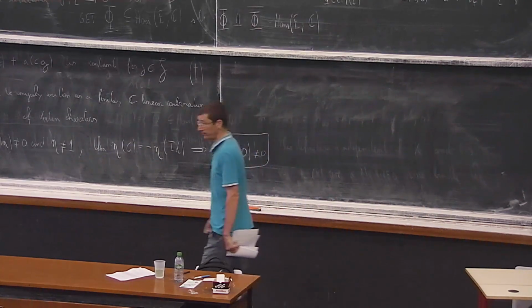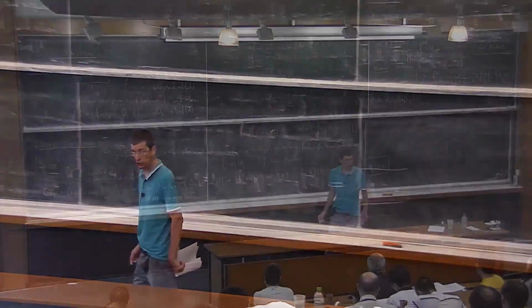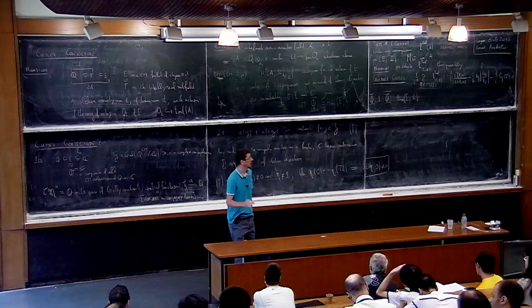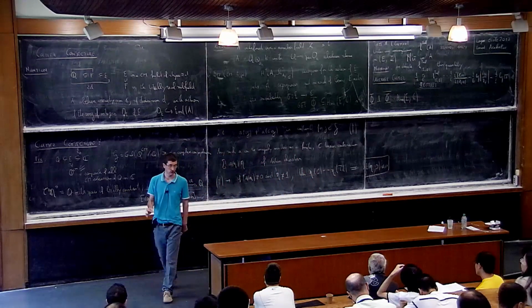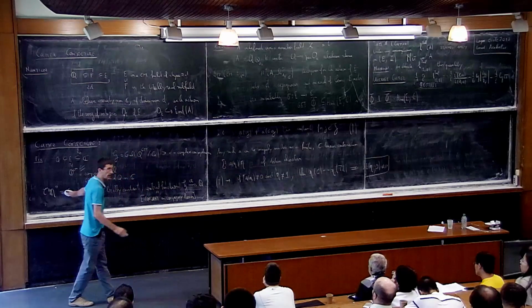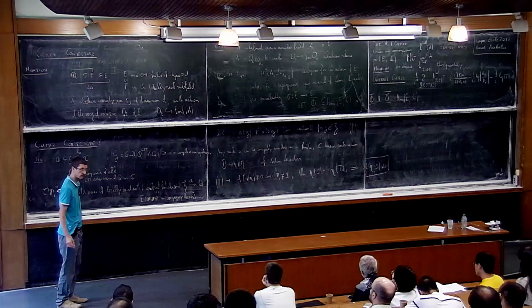So the next step of Colmez is to cook up, starting from a CM field and a CM type, a function in CM0. Okay?